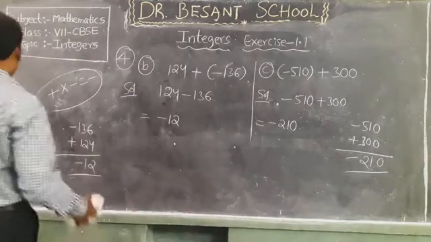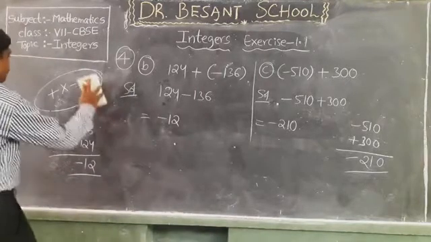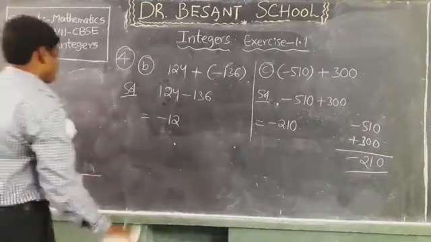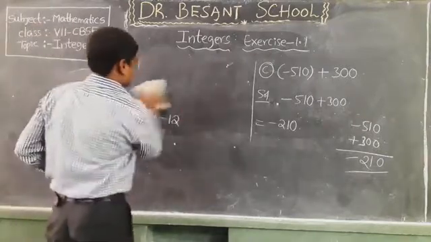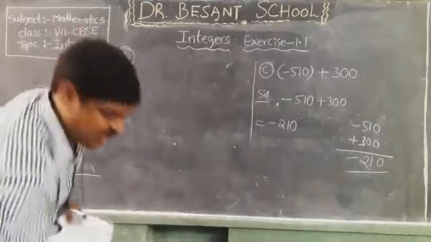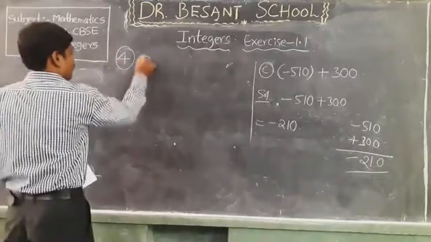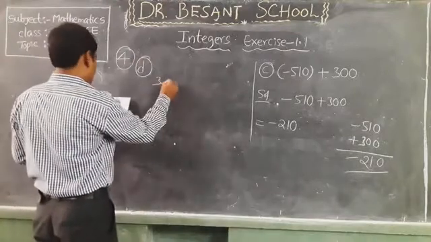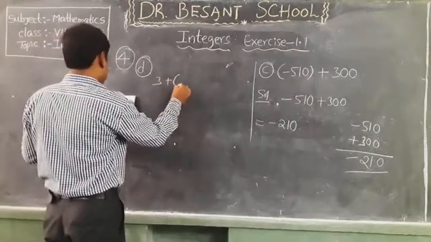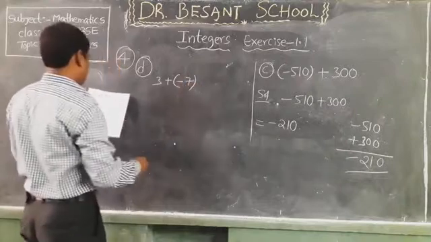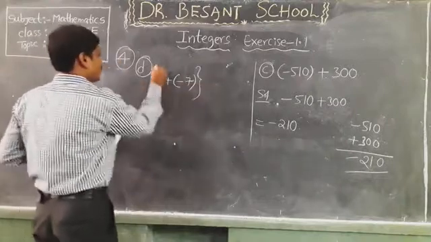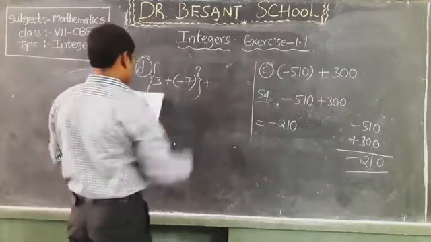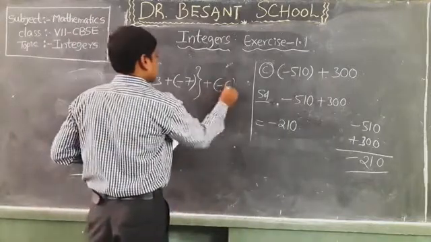Next, one more problem, D. D, 3 plus minus 7, this one we have to write in brackets, plus minus 6.